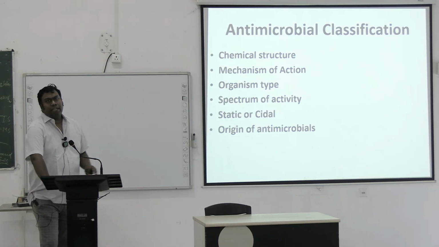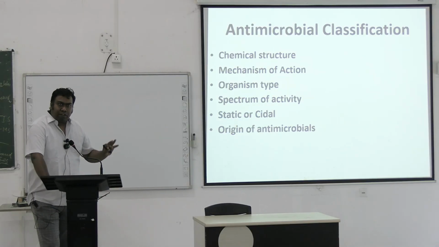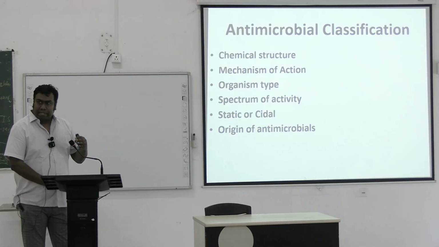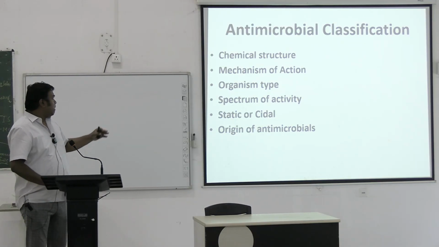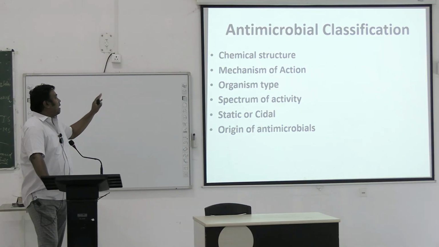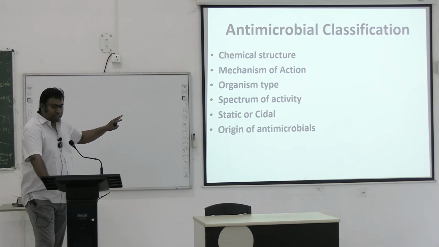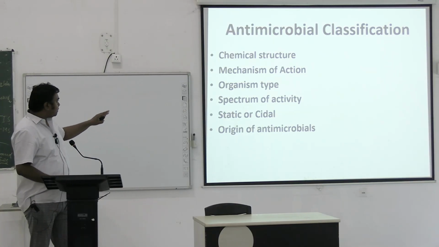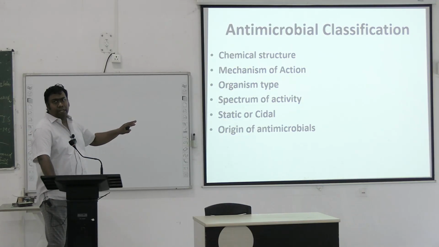We can classify antimicrobials on the basis of chemical structure. It is very difficult to remember chemical structures and their names, but more importantly by the mechanism of action, organism type, in which type of organism they act, and spectrum of activity.